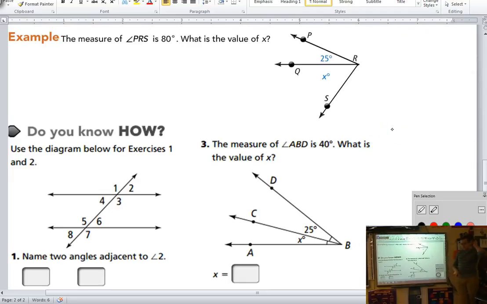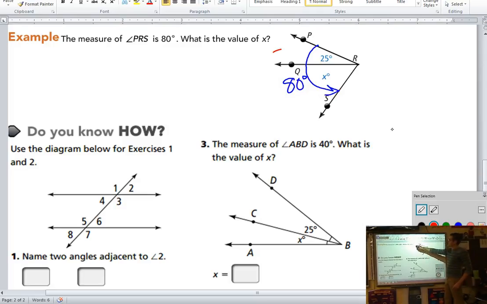Now we start to get deeper into using equations to help us solve these. If I know that the sum of these two angles is 80, I would like you to draw it like this, because if we draw this big arc, it helps our brain see the whole thing is 80, kind of like what we did on those balance scales. If this is 80 and it involves 25 and x, well, I know the 25.